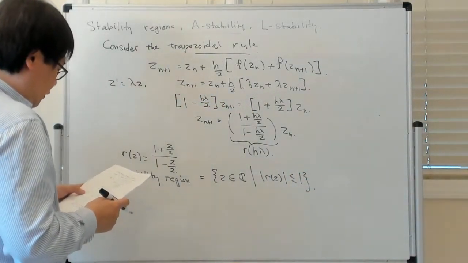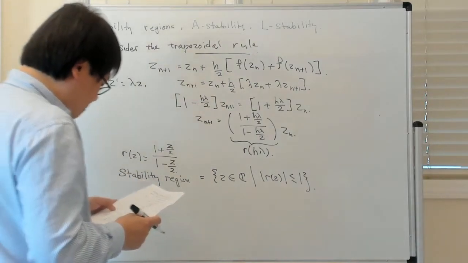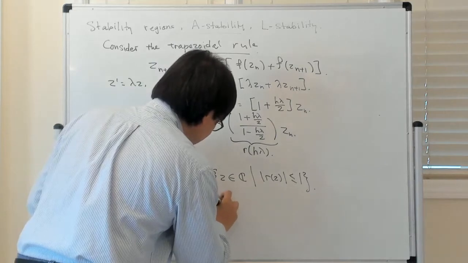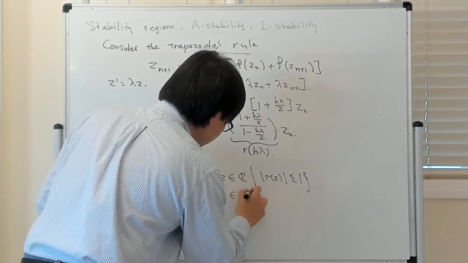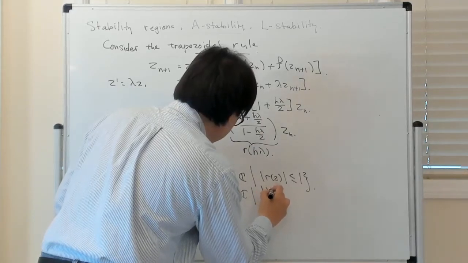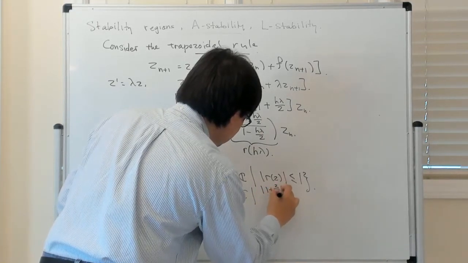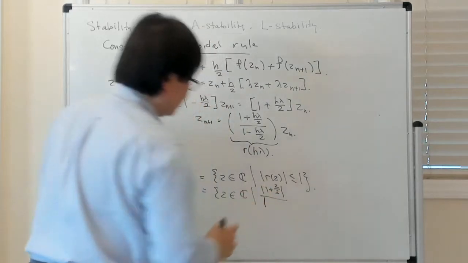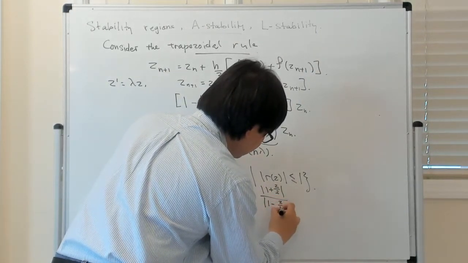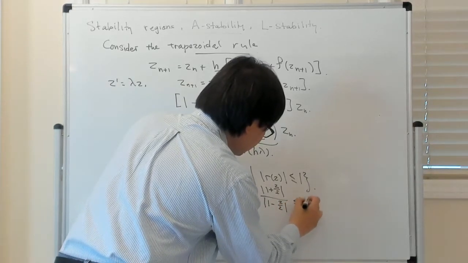Okay, so let's try to draw that. Okay, so this is the set of, again, z in the complex plane such that the modulus of 1 plus z over 2 over 1 minus z over 2 is less than or equal to 1.